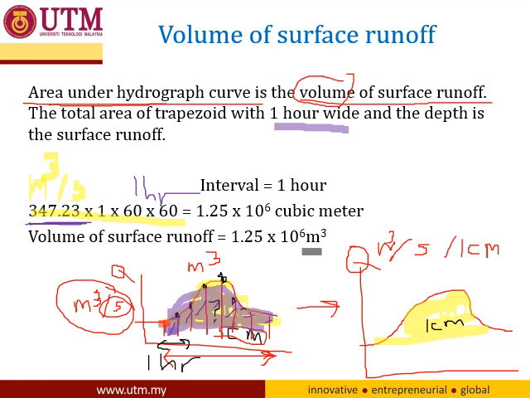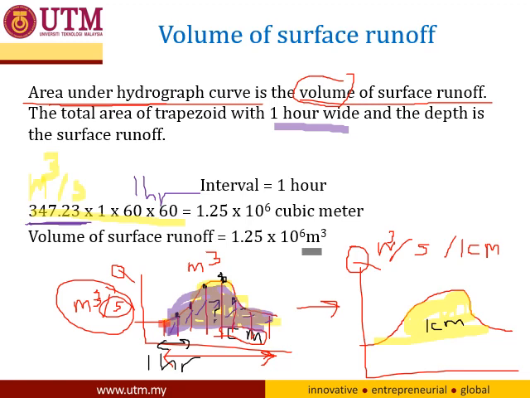So you need to convert that 1 hour to seconds, and that's why you multiply 60 by 60. This is a conversion factor from 1 hour to second. So here you already multiplied by the 1 hour, or 3600 seconds.